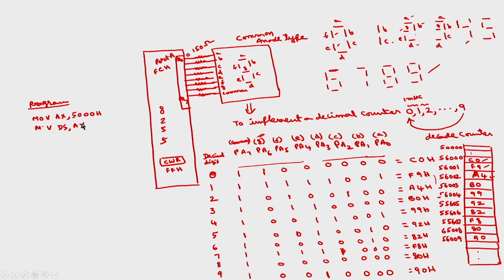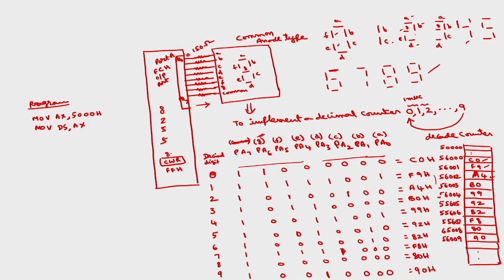Okay. And initially you have to use this port A as output port, because we are going to send the data from 8255 to an output device, and the remaining ports we are not using. We have already seen in the earlier classes how to program all the ports in mode 0 as output ports. 80H is the control word for the control register.